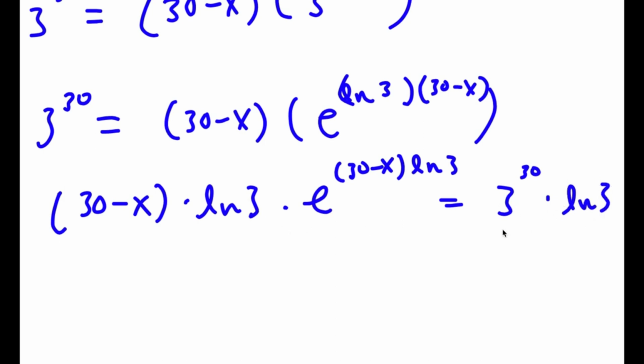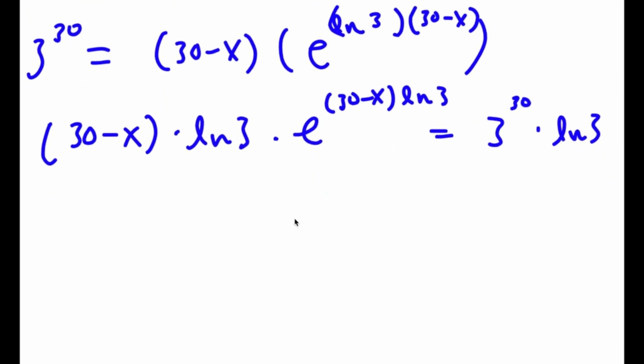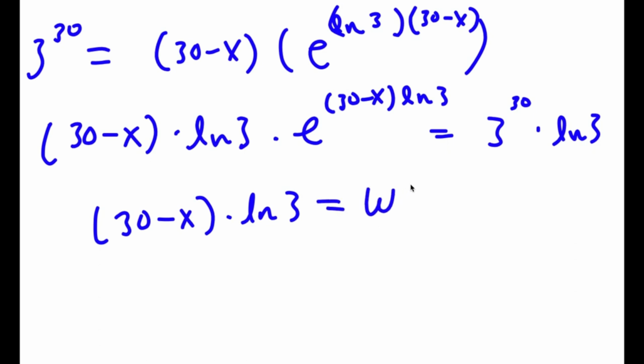I multiply both sides by ln 3. Now this can be written as 30 minus x times ln 3 is equal to the W Lambert function of 3 to the power of 30 times ln 3.